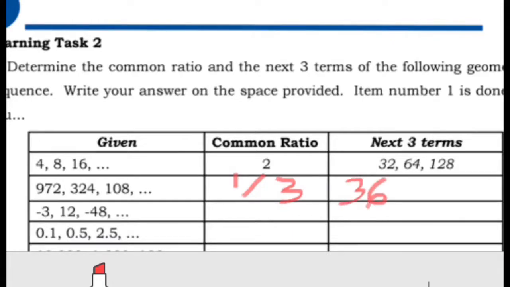Then 36 times 1/3. So, ang sunod na term ay 12. Then, next term, 12 times 1/3. So, 12 divided by 3, that will be 4. Yan lang ang gagawin ninyo sa ganitong klase ng activity.